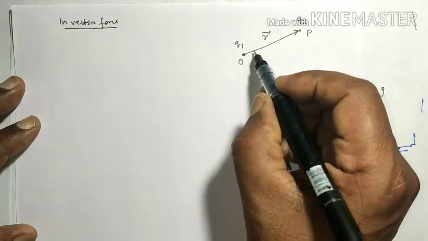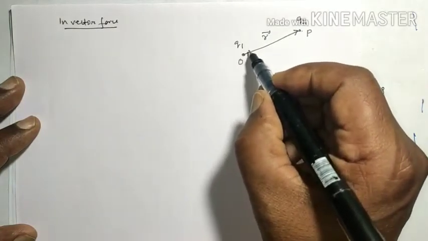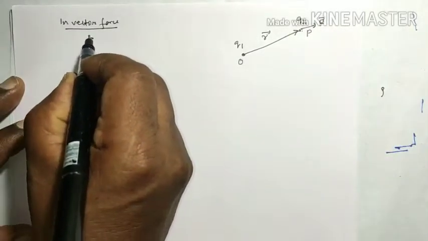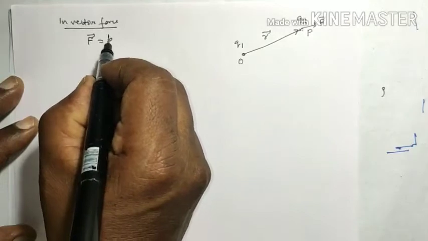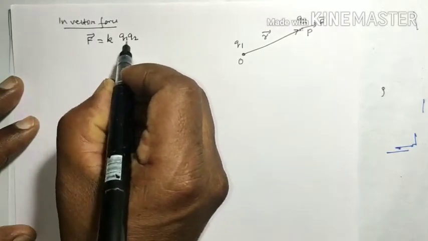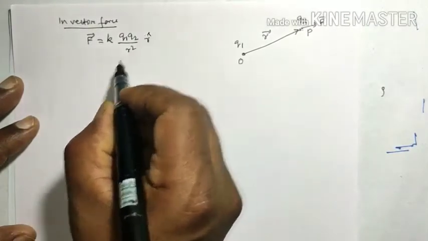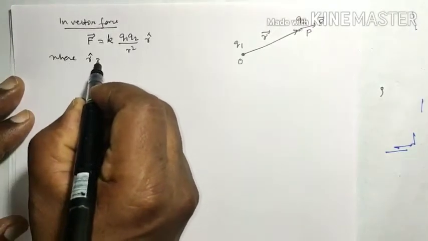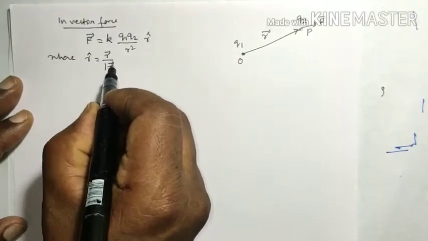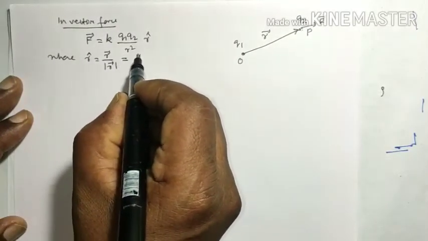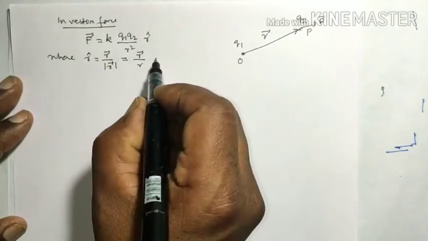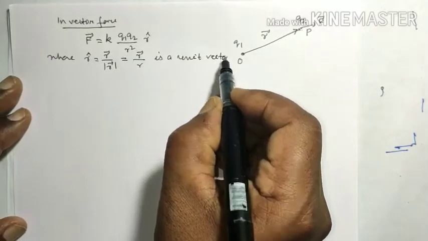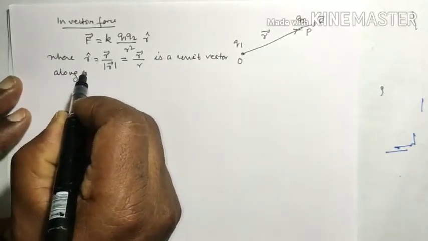Then the force on Q2 due to Q1 can be written as F. So F is equal to K Q1 Q2 by r square into r cap, where r cap is equal to vector r by mod r, and this is vector r by r. r cap is a unit vector along r vector.